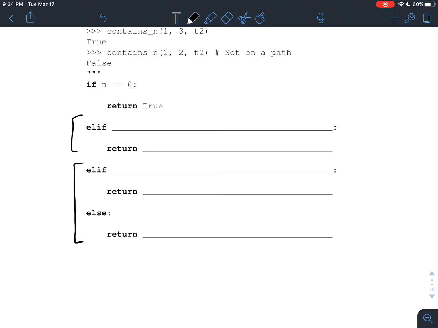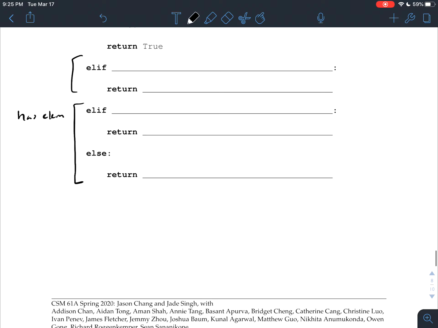So our 2 recursive cases are right here. And in one case, we need to consider where the node we are working at actually has the label elem. So we can say has elem. And the other case is where we do not have elem.